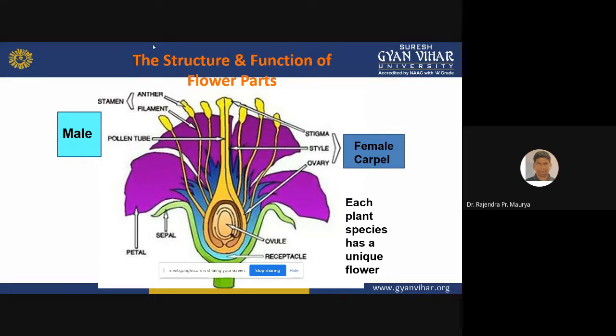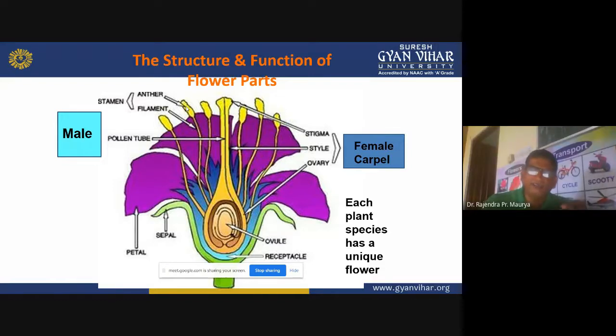Or if these pollen grains are transferred by means of insects, or if we are doing it manually or by other animals, that is known as cross pollination. So the anther bursts or disseminates, pollen grains release from here, and reach the stigma.